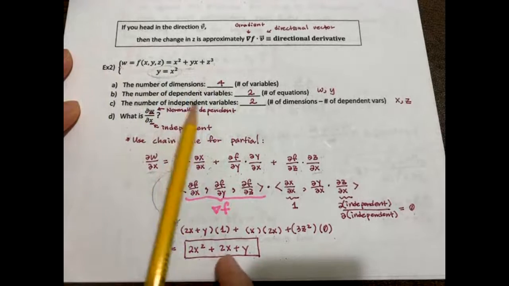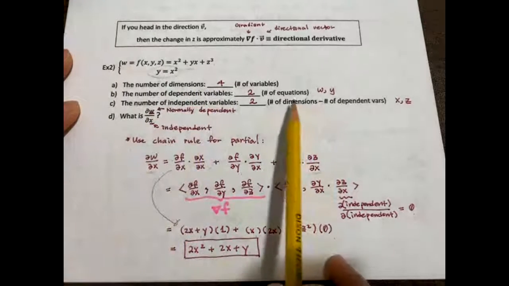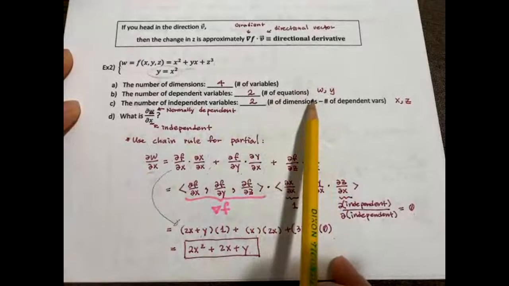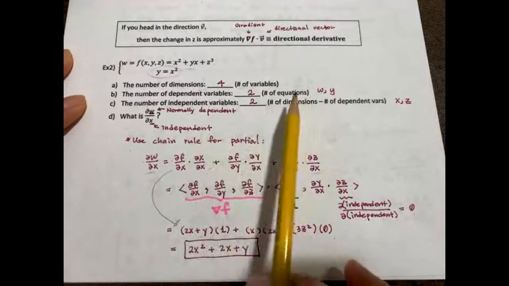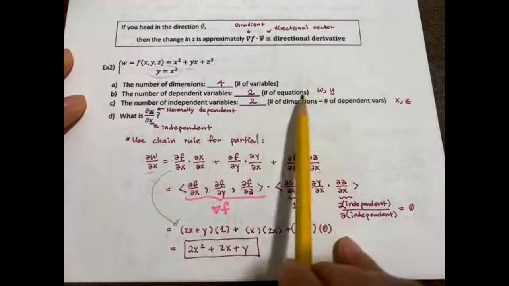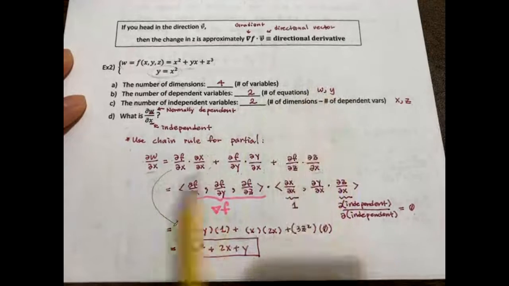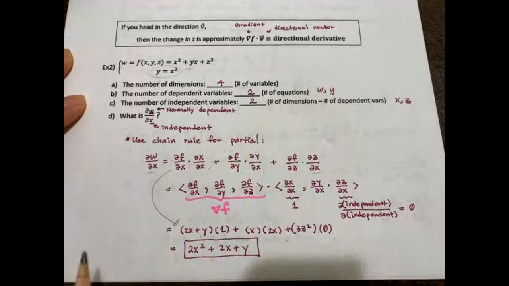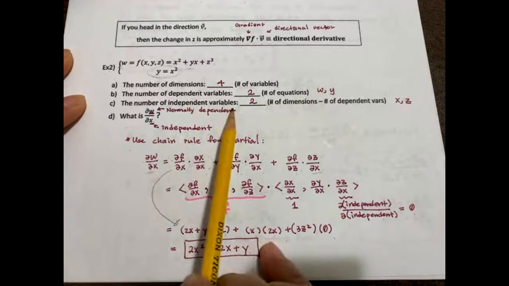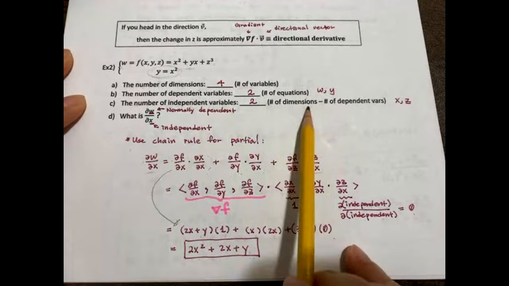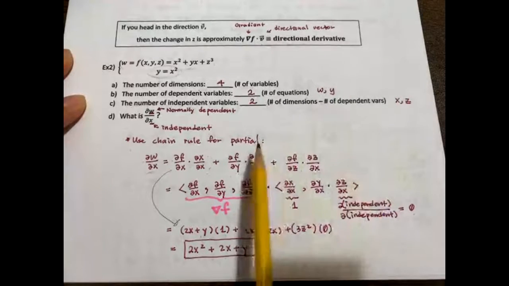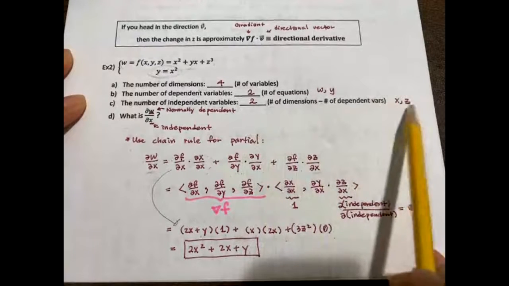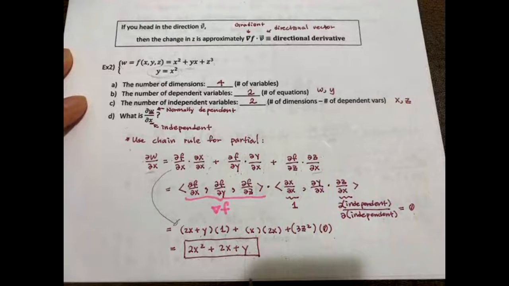Then the number of dependent variables is the same as the number of equations. So normally, not always, but normally, we are going to think about w and y as dependent variables. Then the independent variables will be the number of dimensions, the number of all variables minus the number of dependent variables. So in this case, x and z will be independent variables.